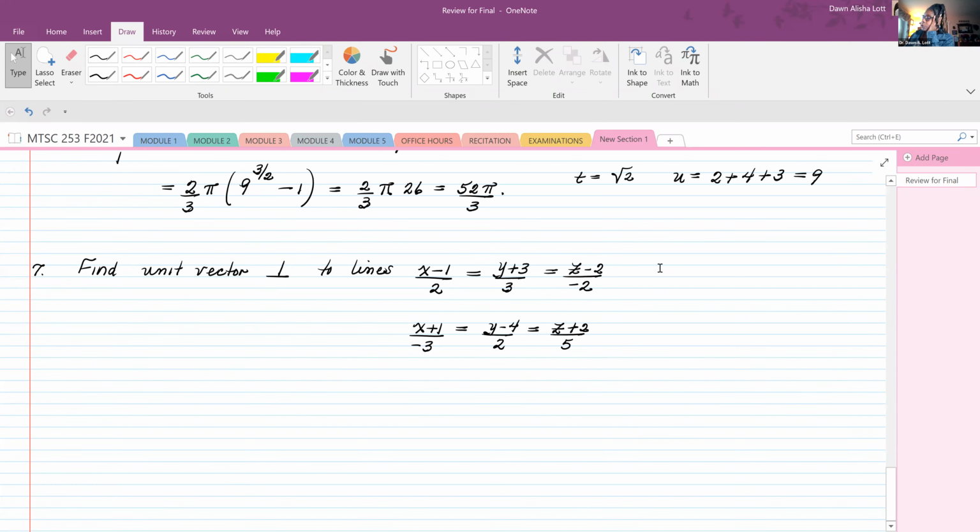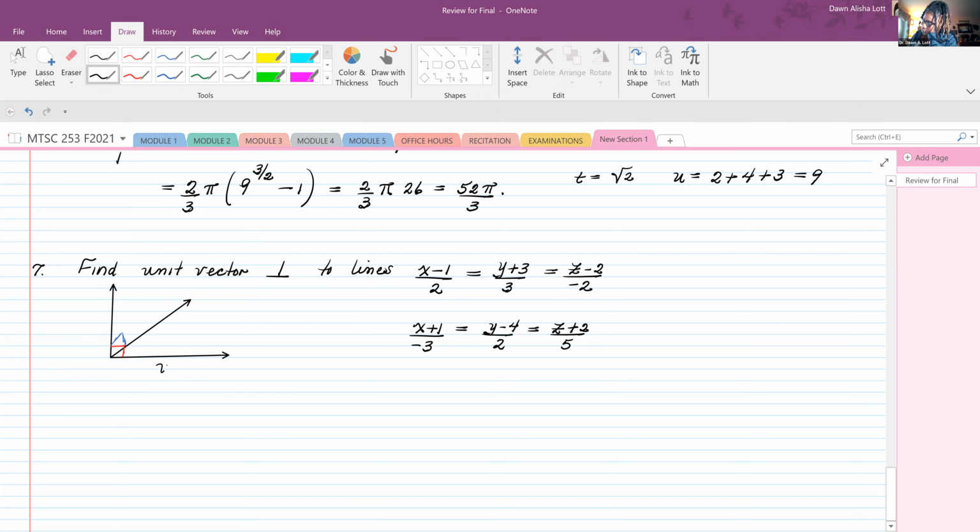So if I have one vector here, and another vector here, and I want a vector that's perpendicular to both of them, then I do the cross product to get this vector.